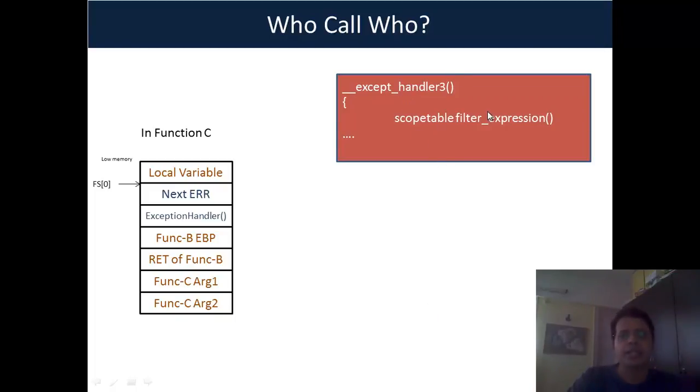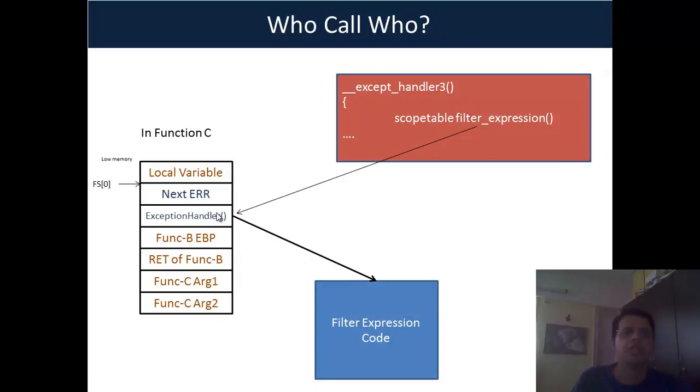Inside that, it would look at the scope table, take every single exception registration record and check whether the filter expression is telling it that it can handle the exception. So basically, as we mentioned, the filter expression is nothing but the pointer stored here, and this would in turn be pointing to the filter expression code which the developer may have mentioned.